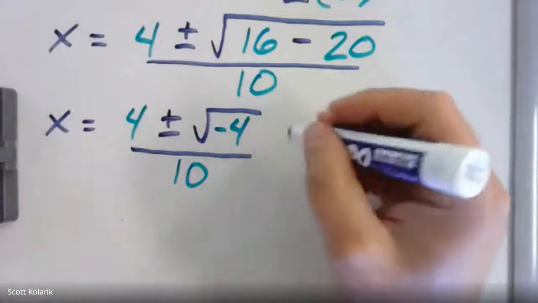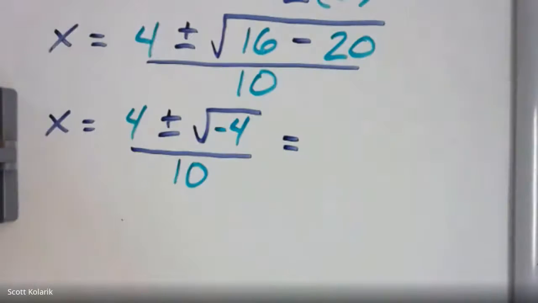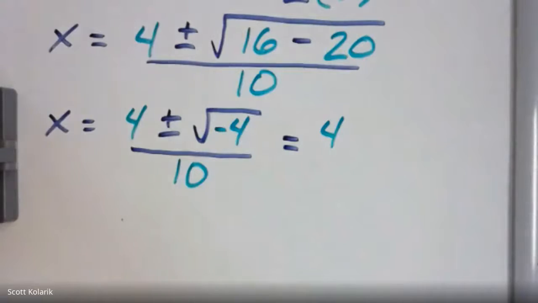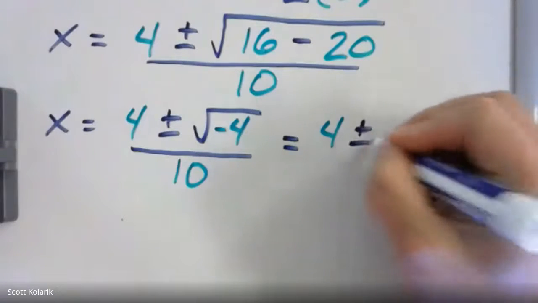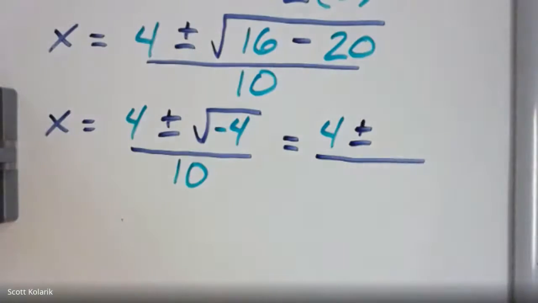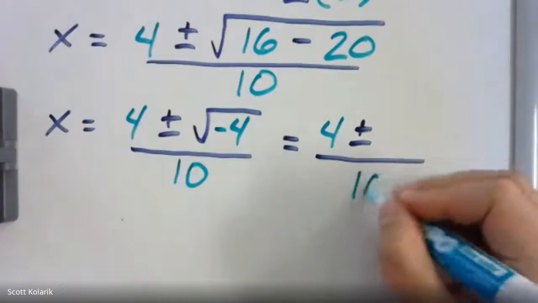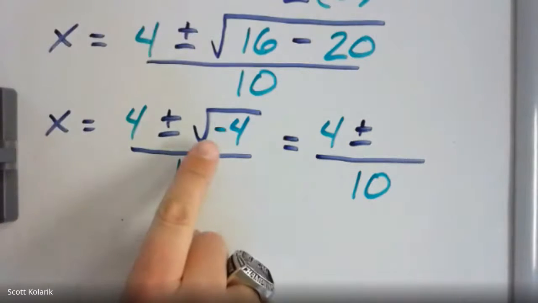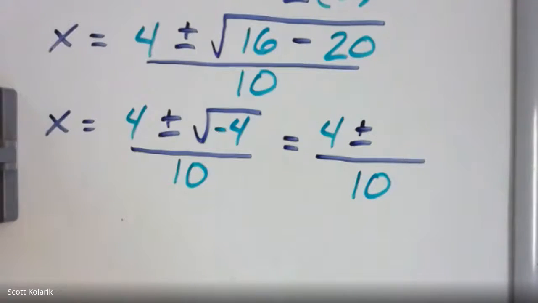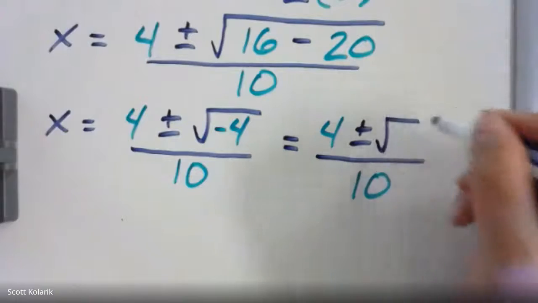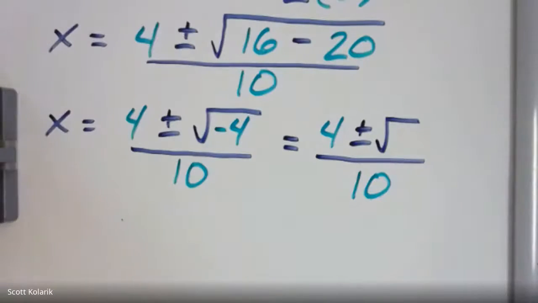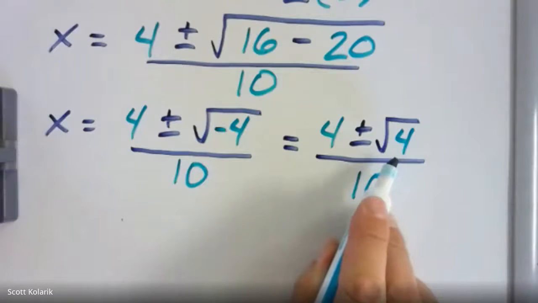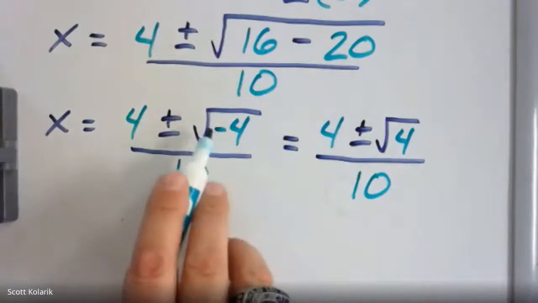So this is something that we did in section 6. So the front part of this stays exactly the same. 4 plus or minus, and the 10 on the denominator stay exactly the same. What is going to change here is this radical. So in section 6, we learned how to deal with this negative sign. So for the record, the square root of 4 now is going to stay the same. So notice I'm going to change this from a -4 to a +4. Okay, well, I can't just ignore that negative sign.